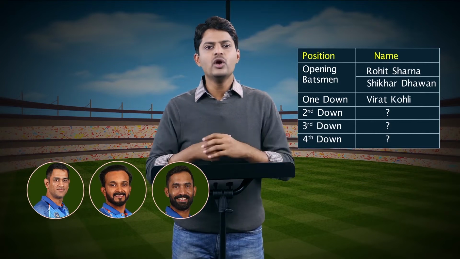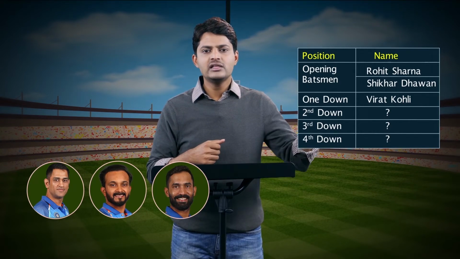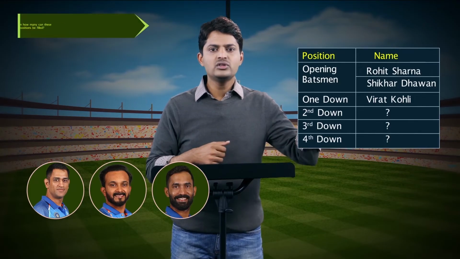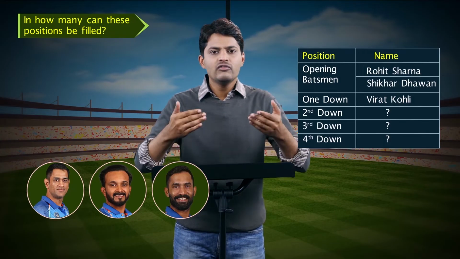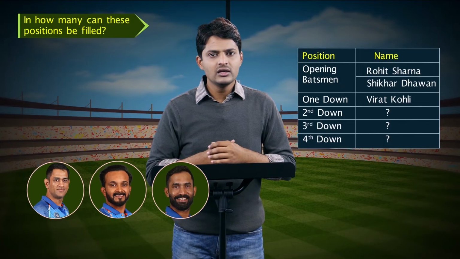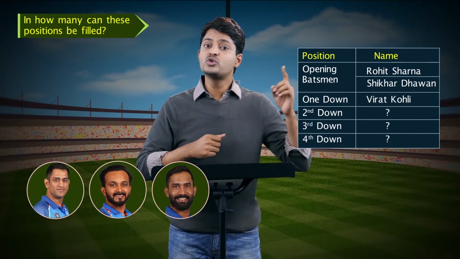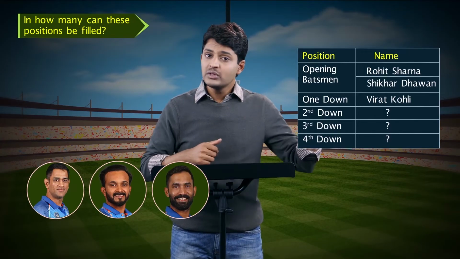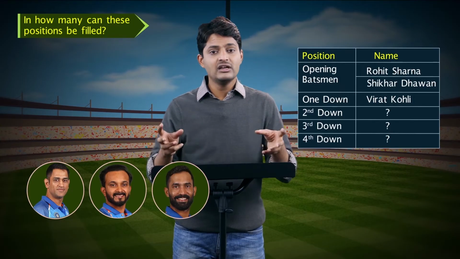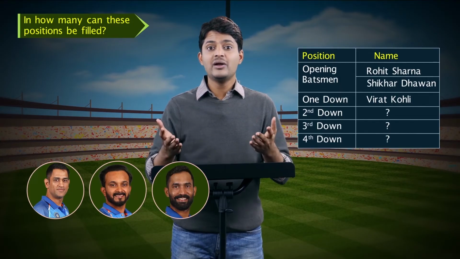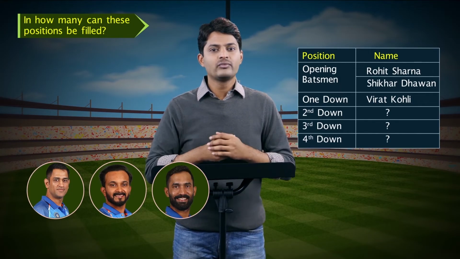Now if I ask you in how many ways can I fill these positions, that is second down, third down and fourth down, using these 3 cricketers, what will be your answer? I did not specify who should come in the second down, the third down or the fourth down. That decision will be taken by the team management depending on the situation of the game.